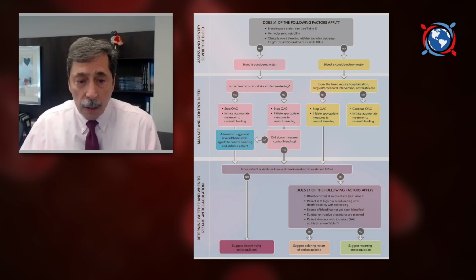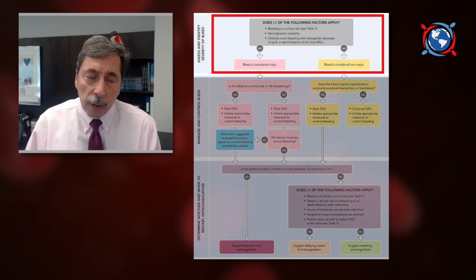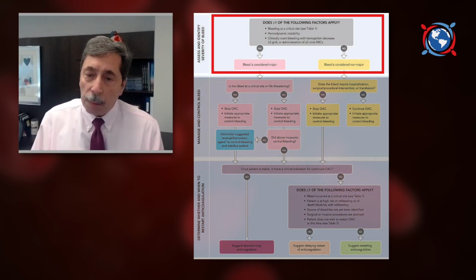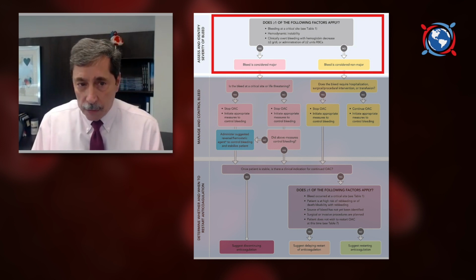So perhaps the most efficient way to summarize this is to proceed through walking you through the graphical summary, figure 1 of this document, which actually takes the reader through the hierarchical decision tree and treatment algorithm. The top line determination in this algorithm is whether a bleed is major or non-major.